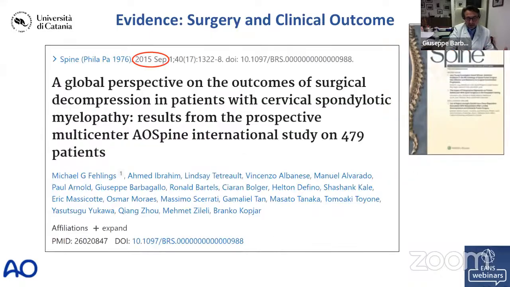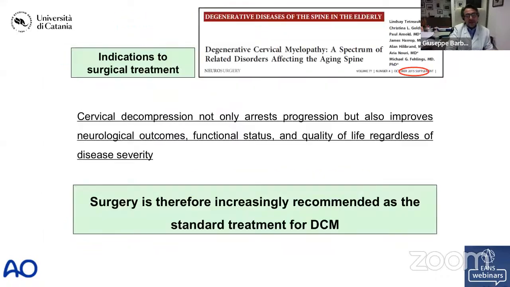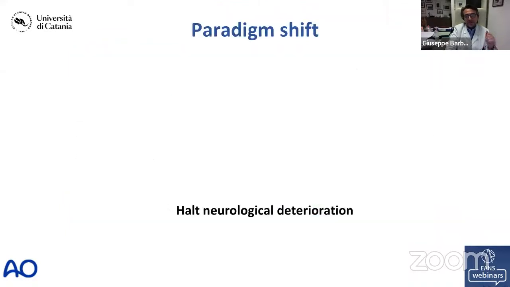And as you can see here, these are also results from the international AO Spine study. Fehlings in 2015 pointed out that surgery is increasingly recommended as a standard treatment for degenerative cervical myelopathy, or at least it should be increasingly recommended.